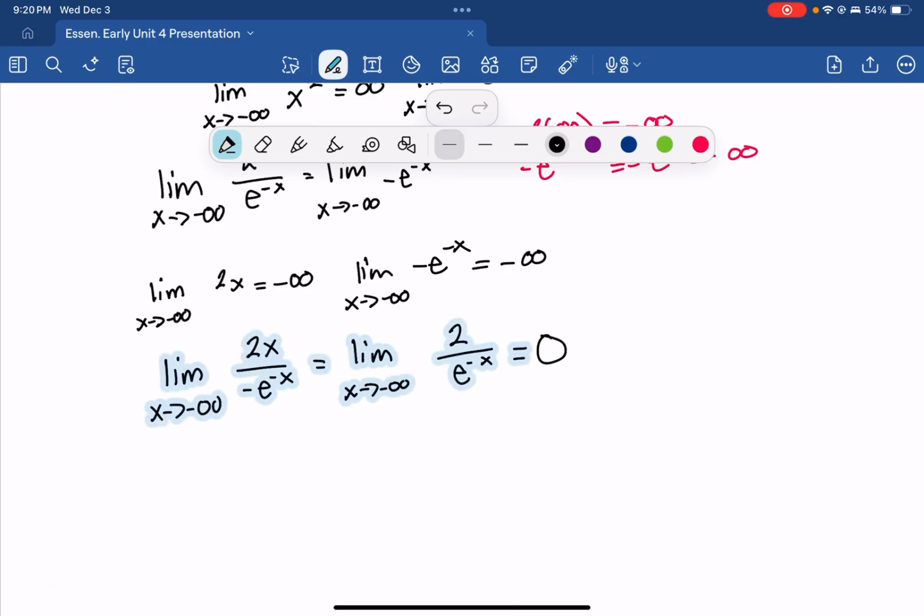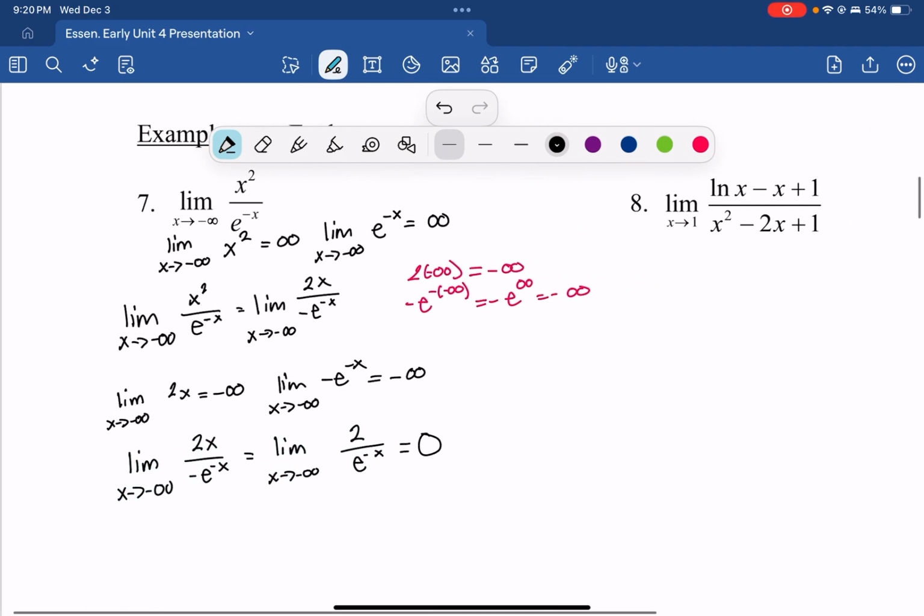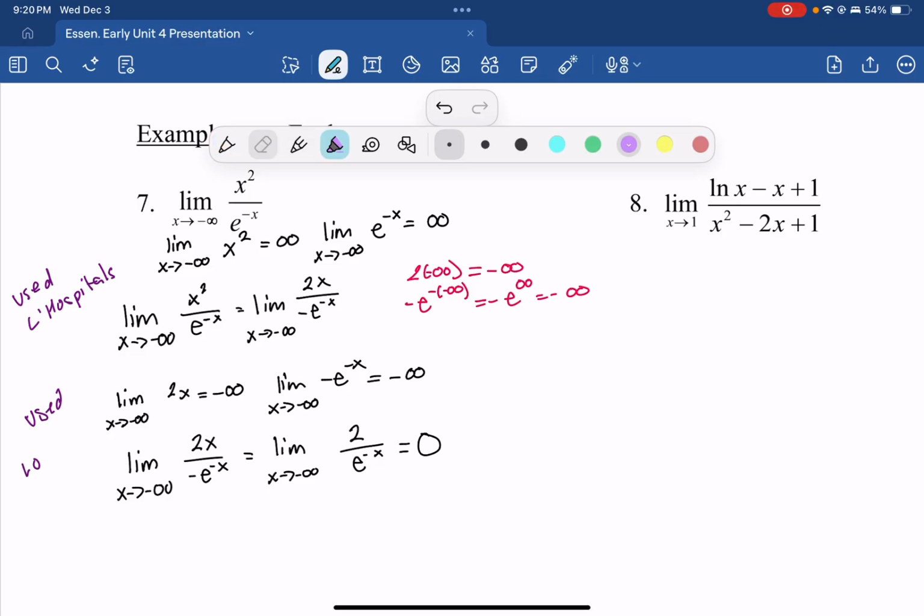So our limit is equal to 0. Right, so we used L'Hopital's, and then we used it again.